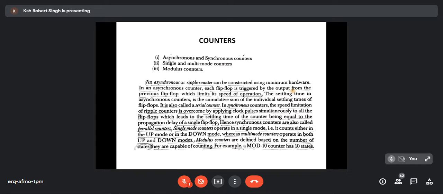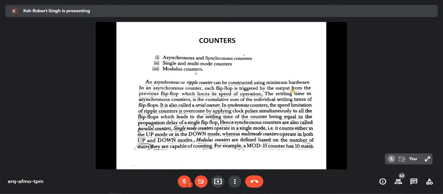Multi-mode means a counter which can count from 0 to, say, 10, and also count back from 10 to 0.